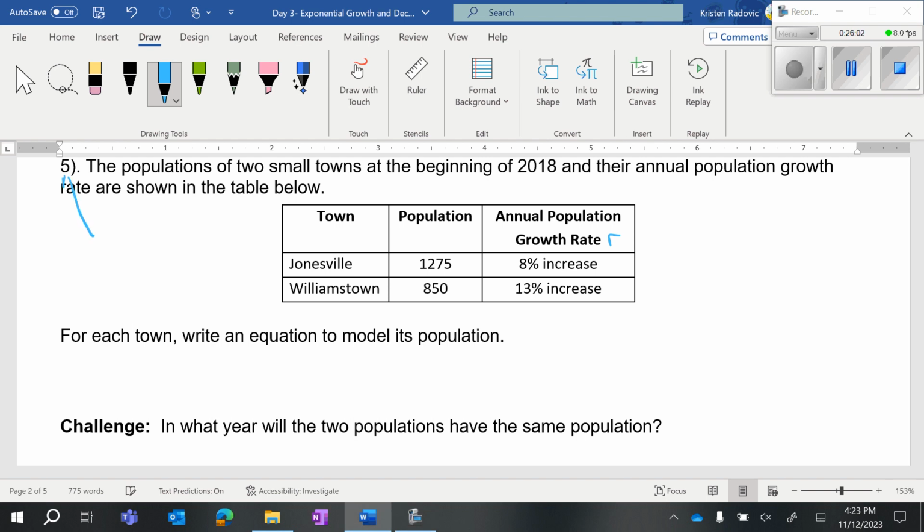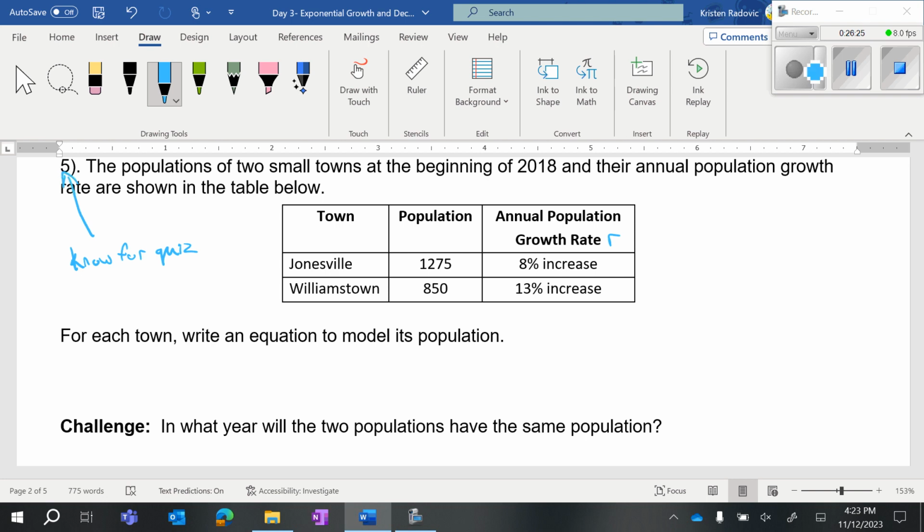So, really important, this one is like the quiz tomorrow. So this is where we should be paying attention, because I'm going to give you a word problem tomorrow, and you're going to have to write the equation. So for each town, model the population.